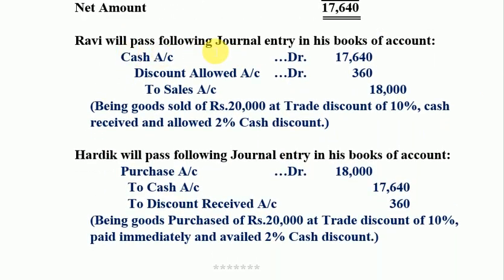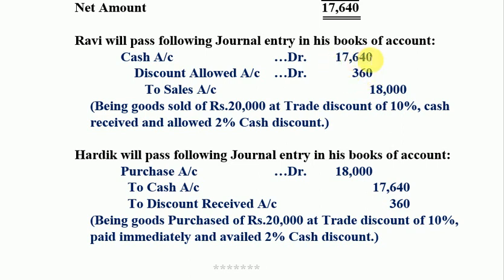Ravi will pass the following journal entry in his books of accounts: cash account debit 17,640, discount allowed by Ravi 360, and discount allowed is an expense for him, that's why it will be recorded on the debit side, as we know the rules of accounts.